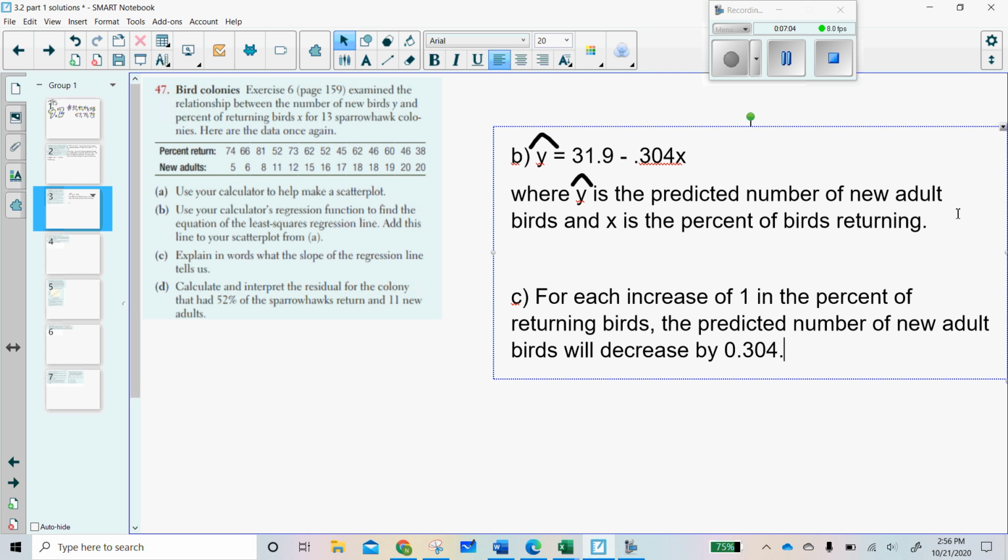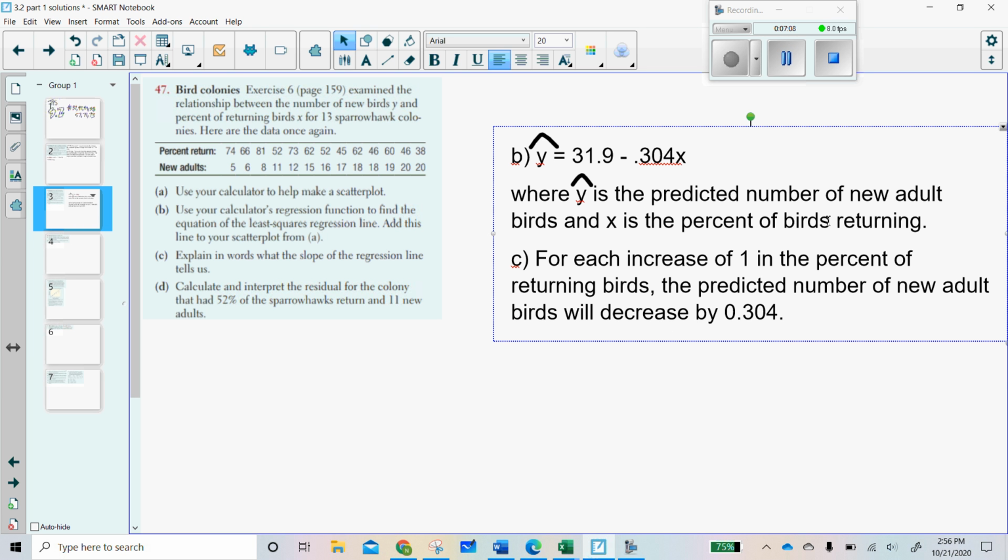Notice again, for each additional one of the explanatory variable, the predicted number of the response variable will, and you need to say, increase or decrease. This was a decrease because it was negative. 0.304 birds, I should say, is the unit for the new adult birds.